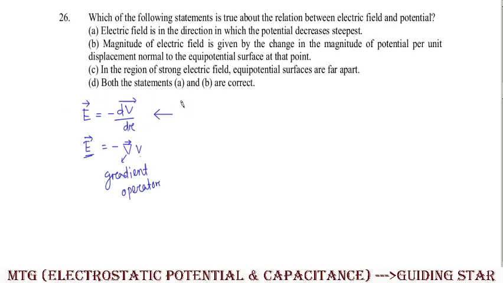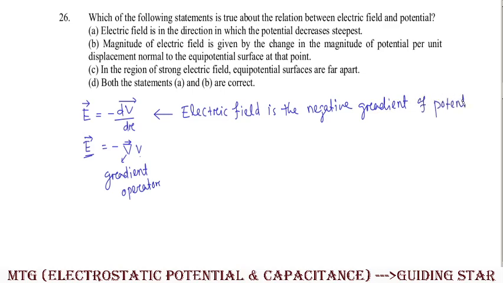Here it is said that electric field is the negative gradient of potential, or you can say potential difference.